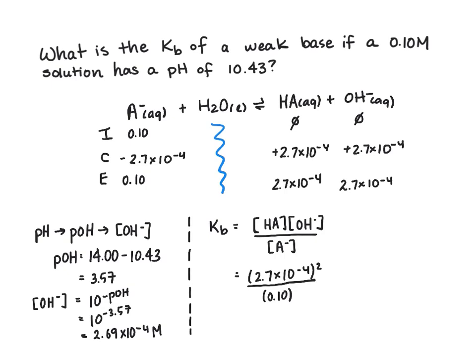And that gives us a value of 7.3 times 10 to the negative 7. So that is our Kb value. We could then use that to identify what base it is by finding the Ka, but normally this is where we'll stop the question.